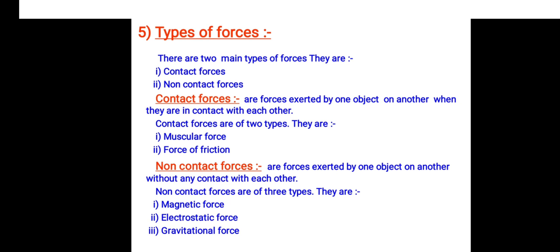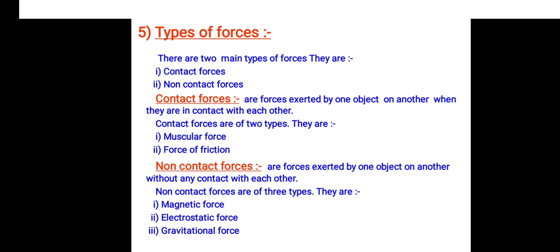Non-contact force is the force exerted by one object on another without any contact with each other. If they are in contact, it is contact force. If they are not in contact, it is non-contact force. That's all.